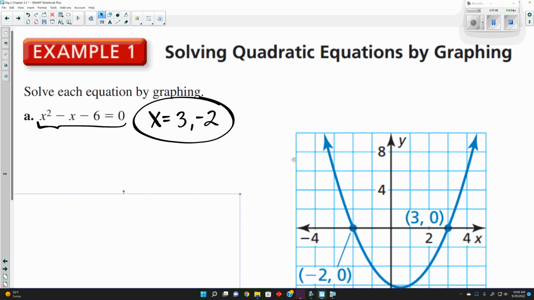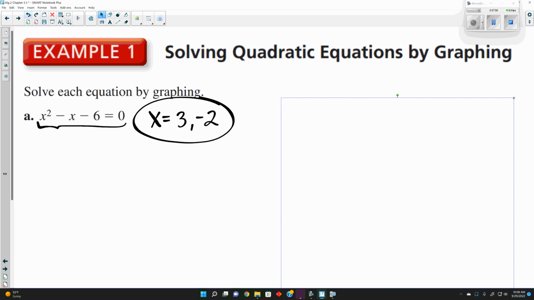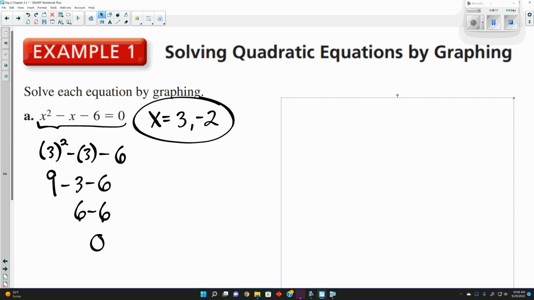Yes, and we could check this here because I could take 3 and say 3 squared minus 3 minus 6. I'm plugging 3 into the equation because what we're looking for is what value of x is going to make this be 0. Well, 3 squared is 9 minus 3 minus 6. 9 minus 3 is 6, and 6 minus 6 is 0.